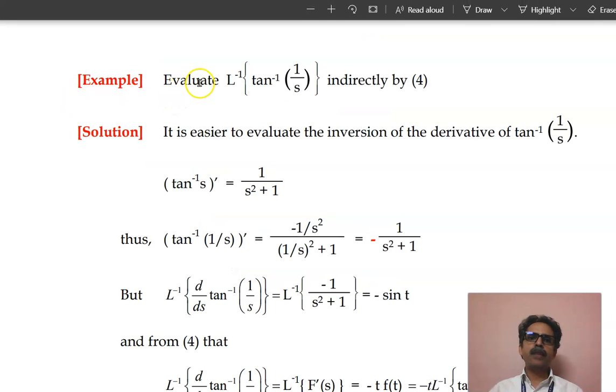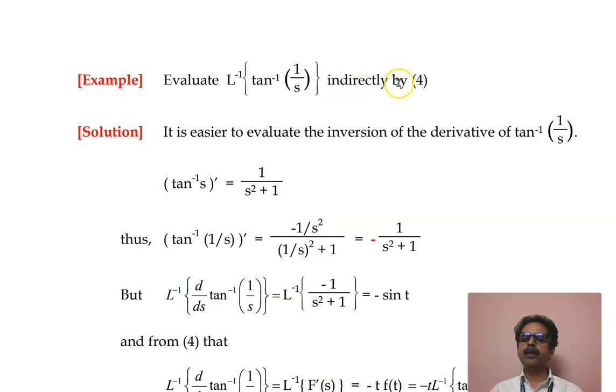Let's see an example. Evaluate the inverse Laplace transform of tan inverse of 1 upon s indirectly by using property 4. Property 4, which we just saw, is the inverse Laplace of a derivative, or one can say the multiplication by t theorem. So it is easier to evaluate the inversion of the derivative of tan inverse of 1 upon s.